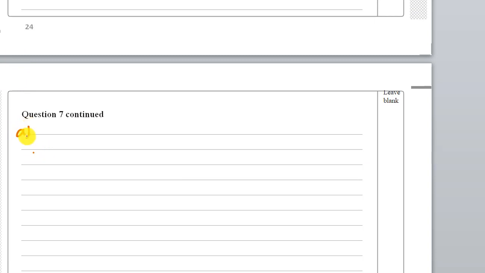So this is part A(i). Expected value of X is equal to 2.5.